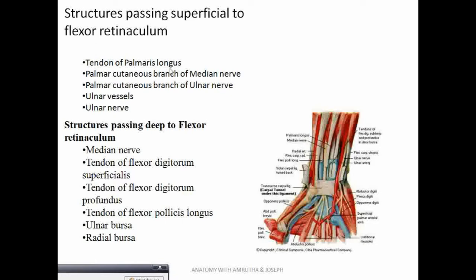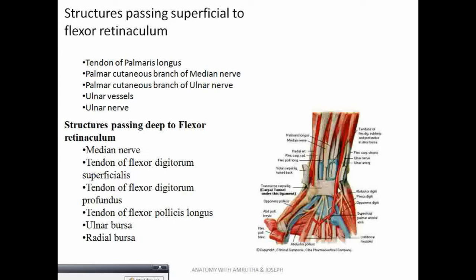The structures passing superficial are the tendon of palmaris longus, palmar cutaneous branch of the median nerve, that is not seen in this diagram, palmar cutaneous branch of the ulnar nerve, ulnar vessels, and ulnar nerve. So they are passing superficial.